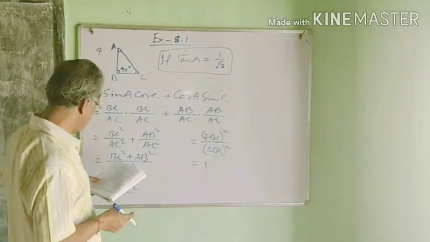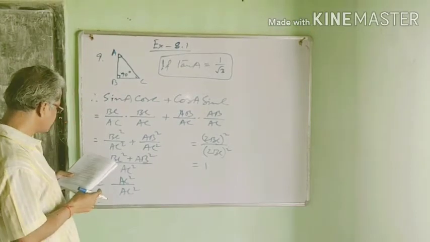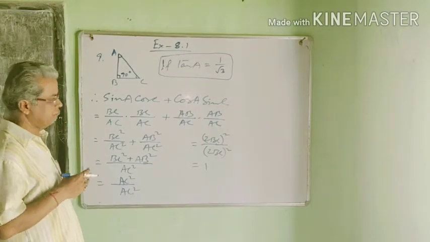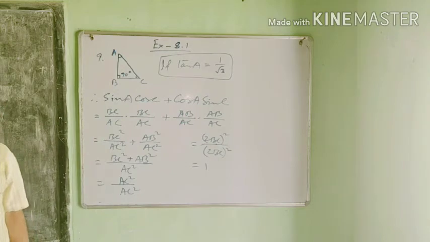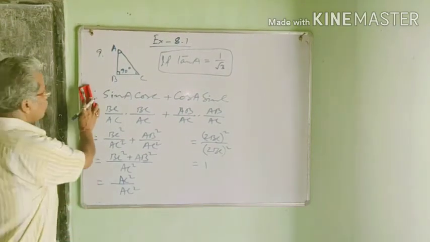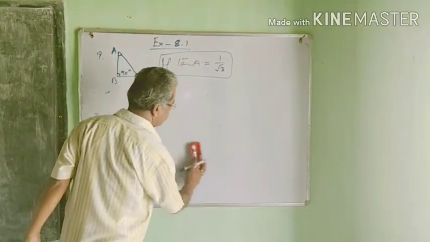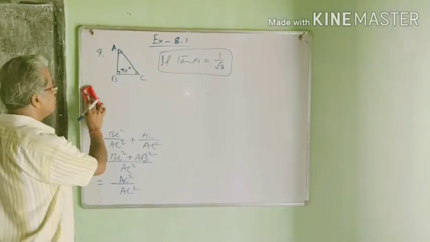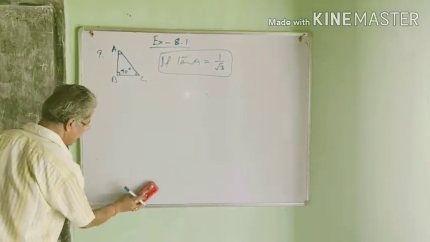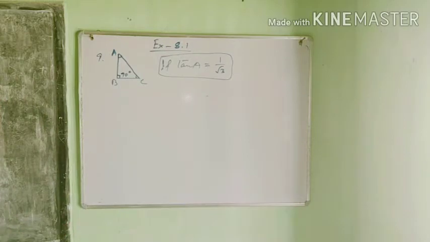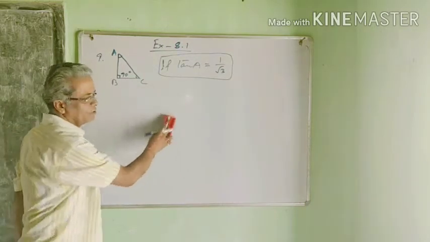Similarly, now the next one, Roman 2: cos A cos C minus sin A sin C. Later on you will find this is also one formula.